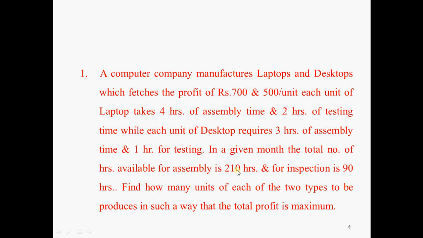They assemble and they have to test, so that is a quality control pass. In a given month, the total number of hours available for assembly is 210 hours, for inspection is 90 hours. Each unit consumes so many hours of assembly time and inspection time, all that is given.